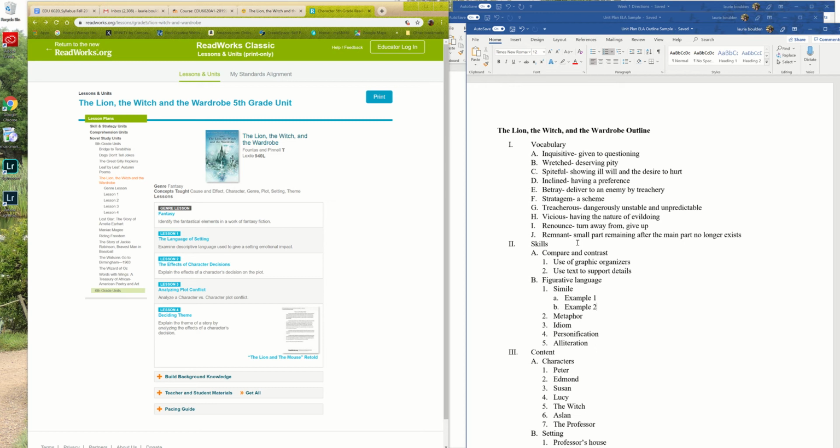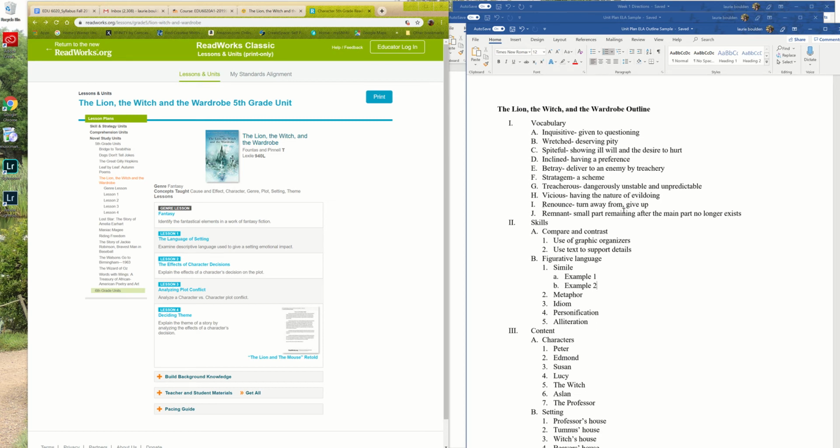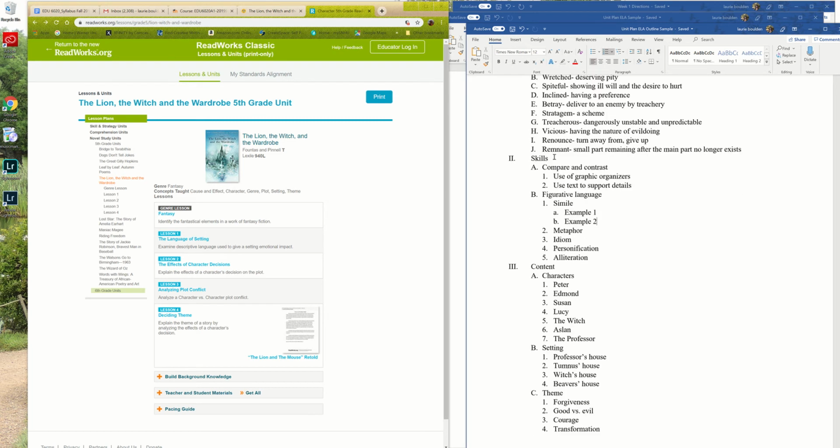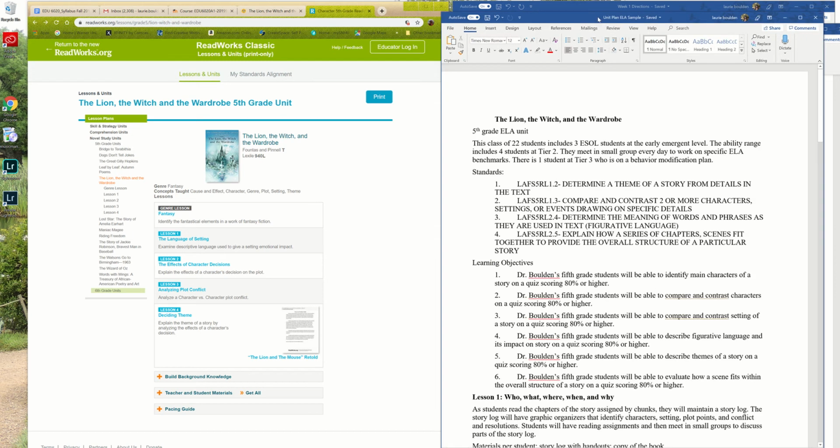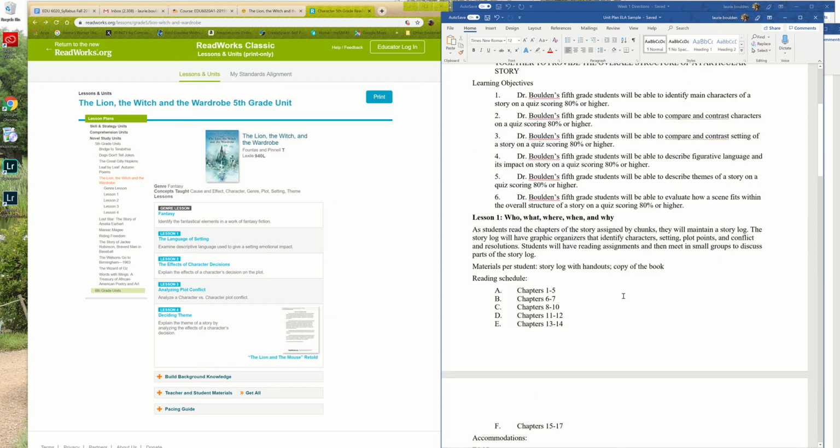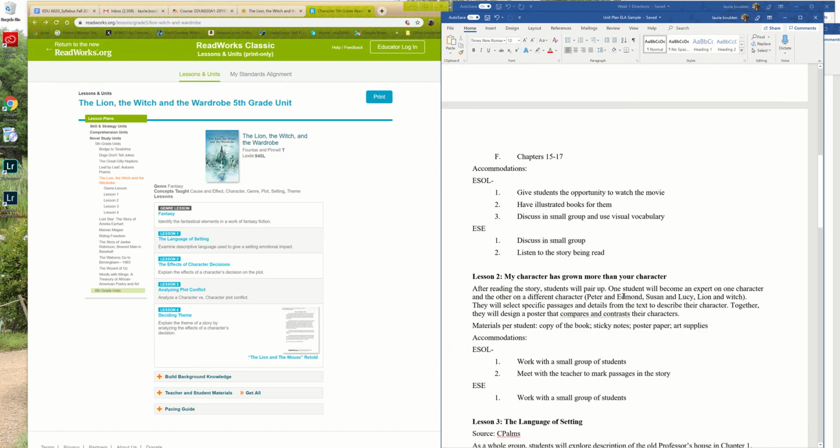Vocabulary, as you look at your unit, what are the specific vocabulary words that your students are going to be learning during the unit? So you're going to list them, list the definitions. Skills. Only list skills if you are teaching a lesson on how to develop that skill. For example, in my plan, they're going to be comparing and contrasting.